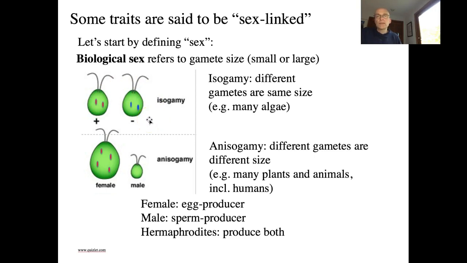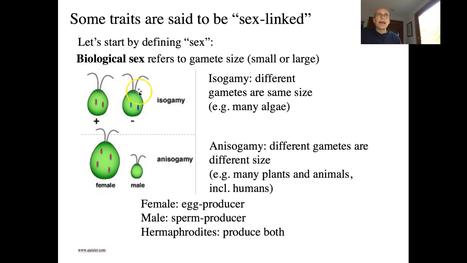And so you have in many lower organisms, such as algae, a phenomenon that's called isogamy. Iso means identical or the same, and gamy means use of gametes. So isogamy means having different gametes, but of the same size.